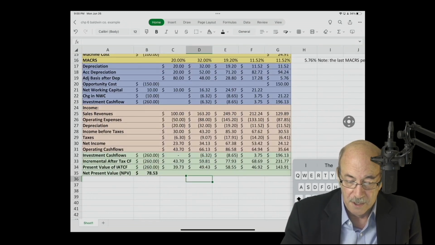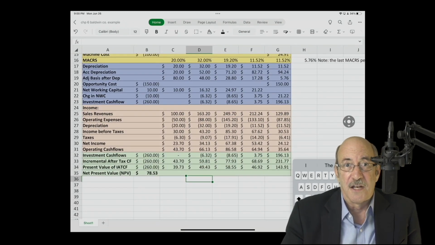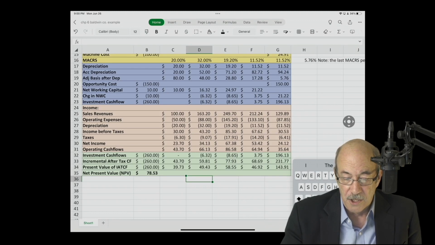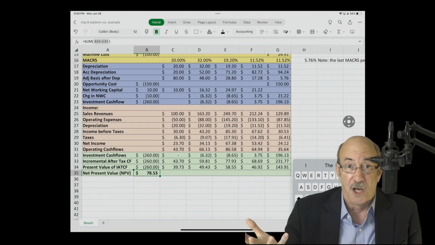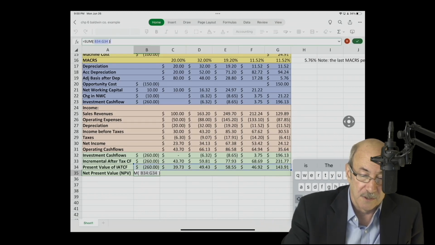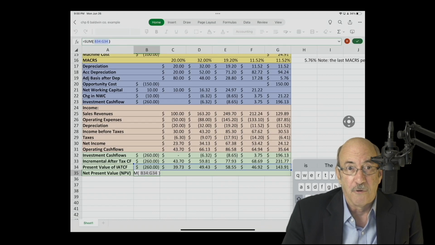So my $59,810 cash flow in year 2 has a present value of $49,430. Likewise for years 3, 4, and 5. And then finally, all I have to do is that sum. In this case, it's a range because they're all contiguous.